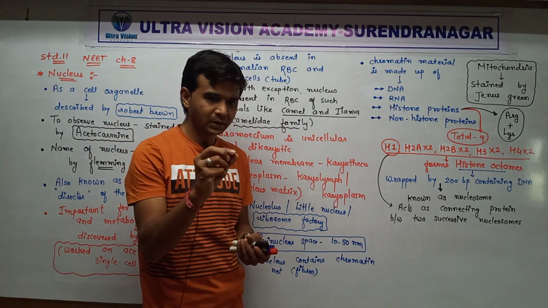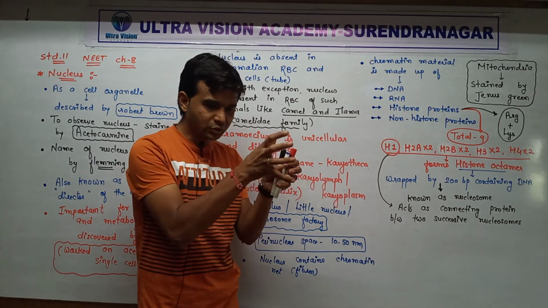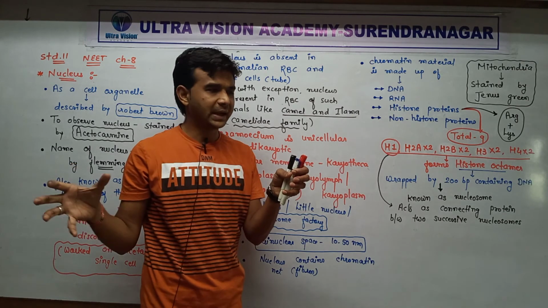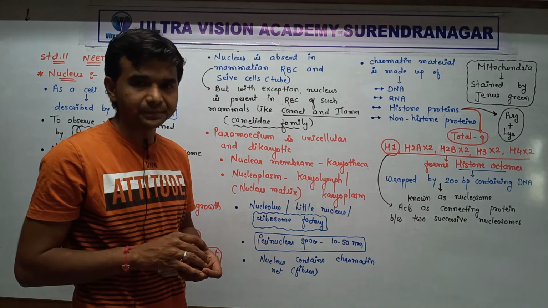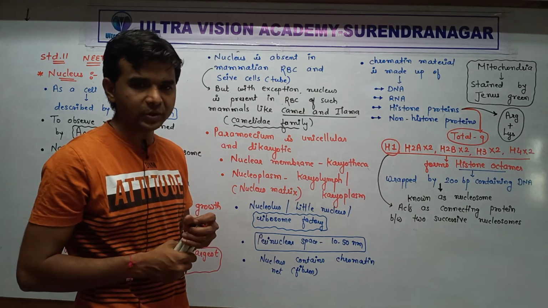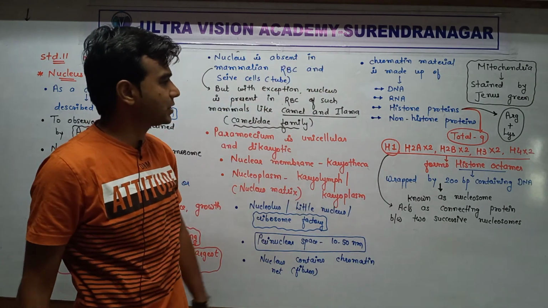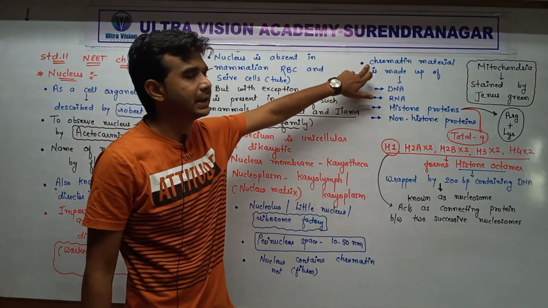So actually nucleosomes consist of a histone octamer and 200 base pairs. So many nucleosomes are united together and interconnected by the H1 histone protein. In this way, a long thread-like structure is formed that is known as chromatin.